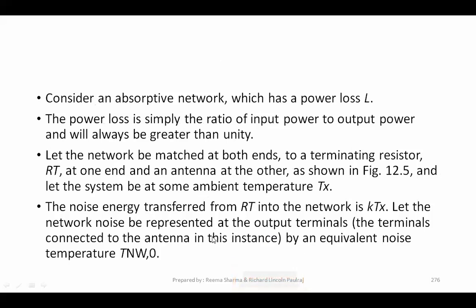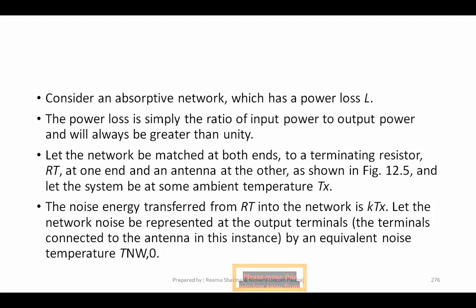So now we will try to put that in the form of equations. The power loss can be taken as L, and the terminating resistor is taken as RT. The power loss is simply the ratio of input power to output power. If I'm getting the same values at the input and the output, then I do not have a loss.